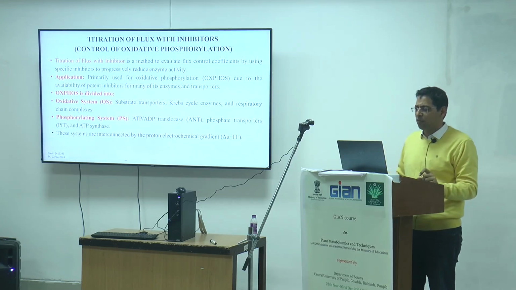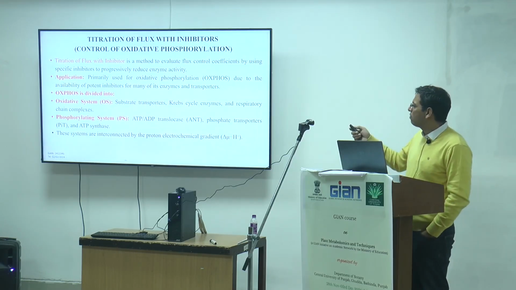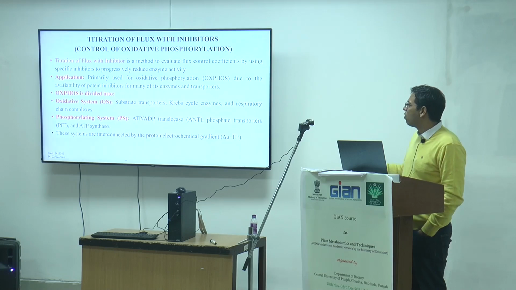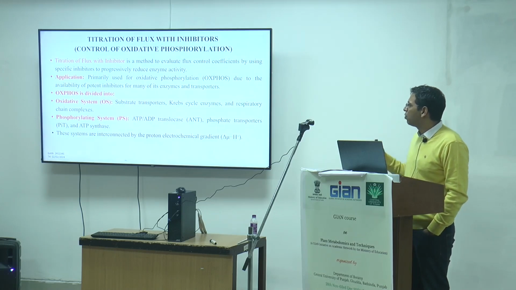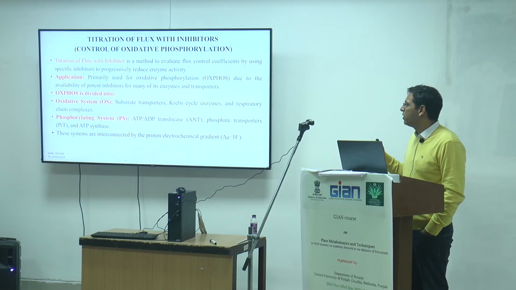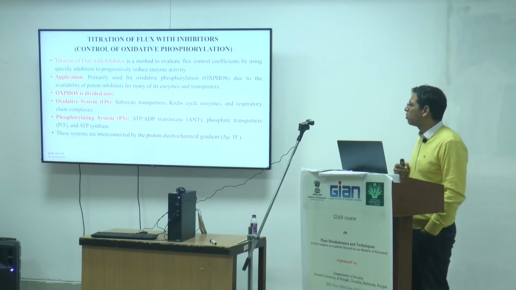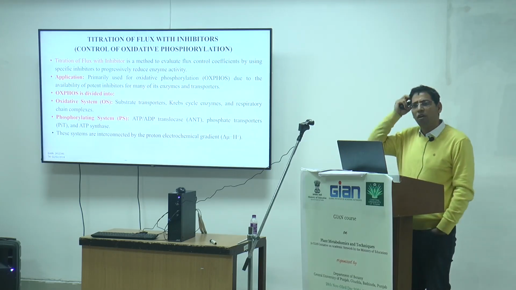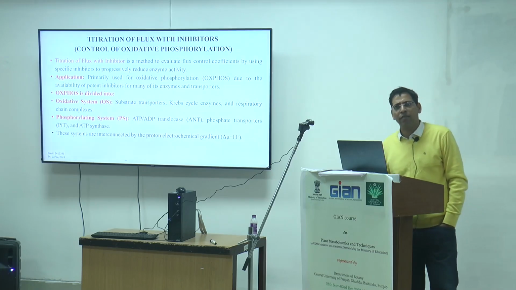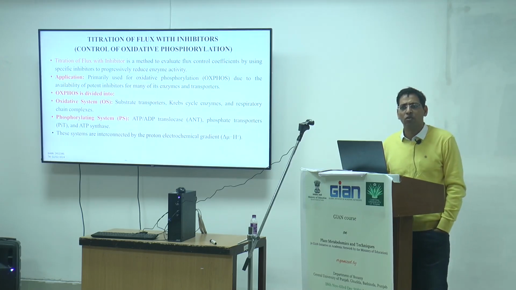The application here is oxidative phosphorylation, due to the availability of potent inhibitors for many of the enzymes and transporters. Primarily, because you know about cyanide and many other poisons, which are basically inhibitors of some enzymes.